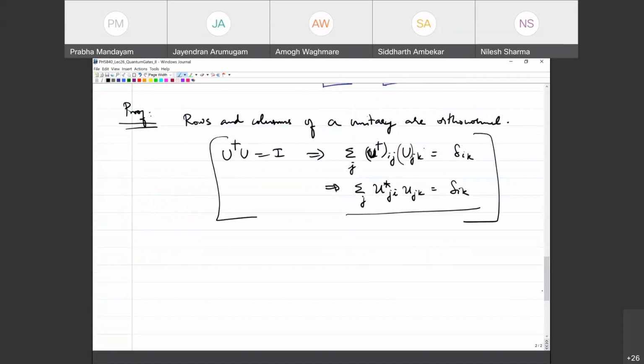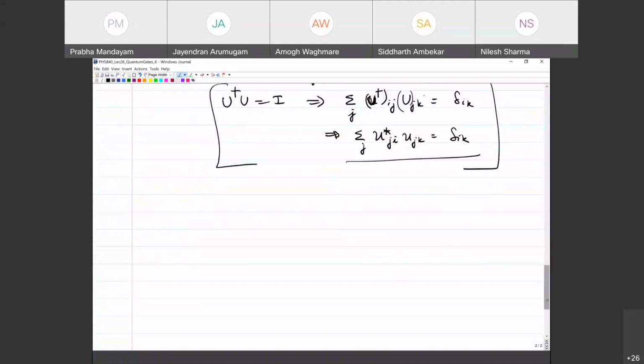Now, so let me say that this 2 cross 2 matrix U, so let me say that it's either row or column, whichever way you want to think about it. I can think about it as two column vectors, which I call U1 and U1 perpendicular, okay?